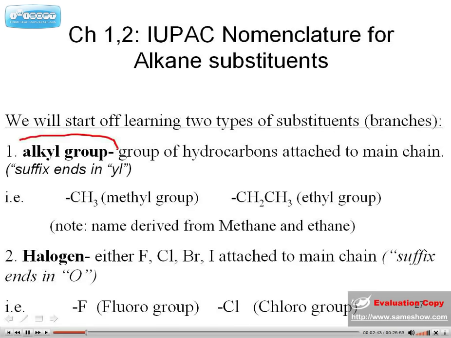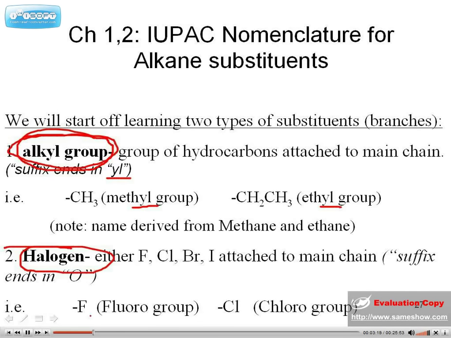These are the starting branches, or branch names that we're going to be learning. There are two types of branches. The first one is alkyl groups. The second one is halogens. In order to name the branch, you turn the ane of the parent name, such as methane, to yl. So for example, if I turned methane into a branch, forming a methyl group, or an ethane into a branch, forming an ethyl group.